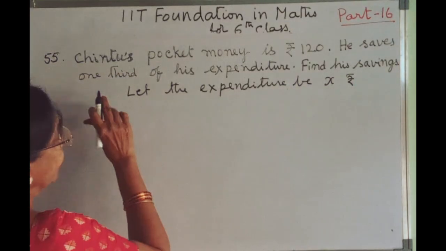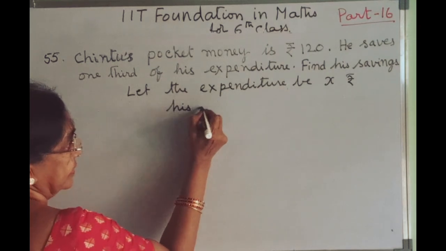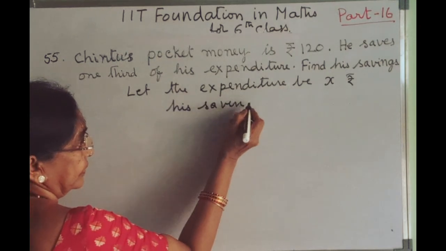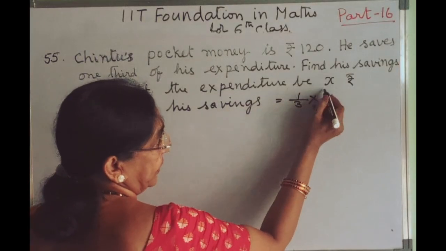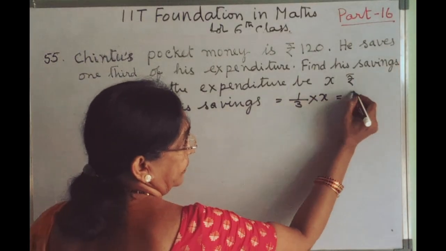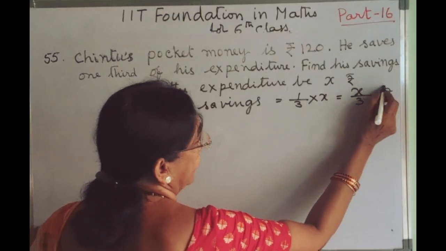He saves 1/3 of his expenditure. Therefore, his savings is equal to 1/3 of his expenditure X. That is equal to X by 3. This is also in rupees.